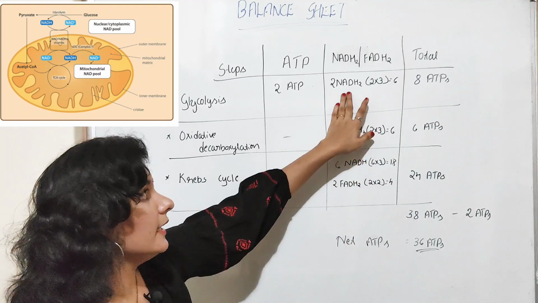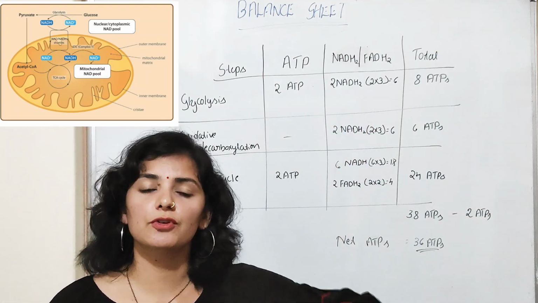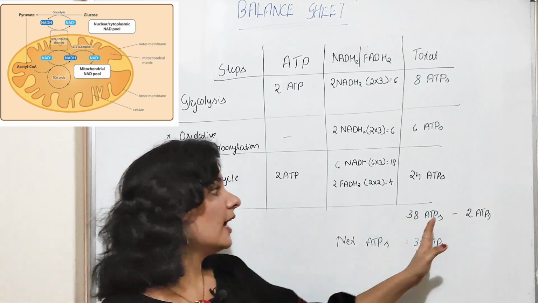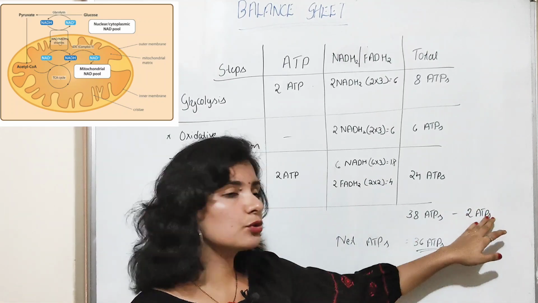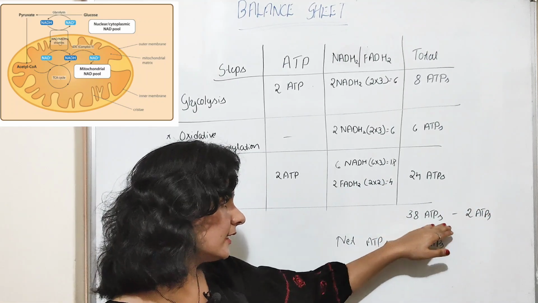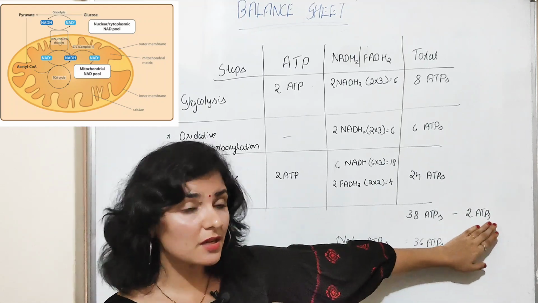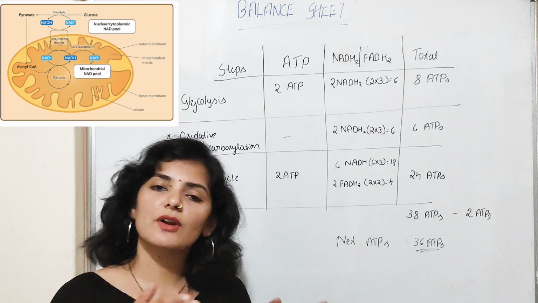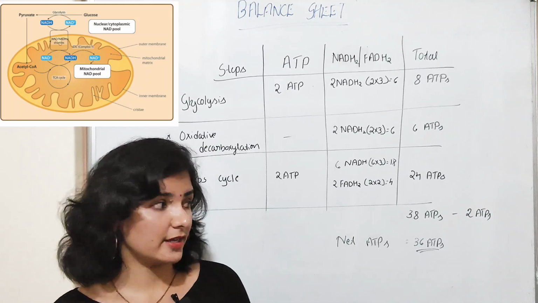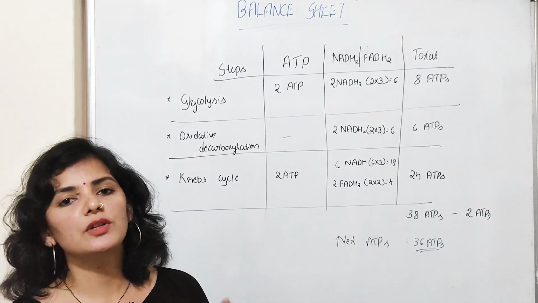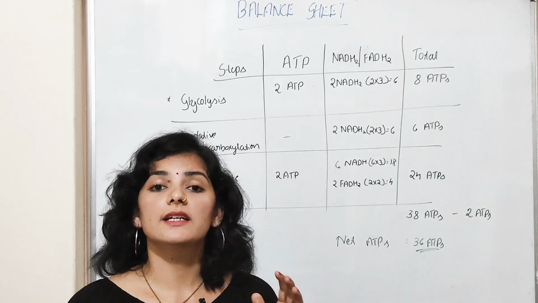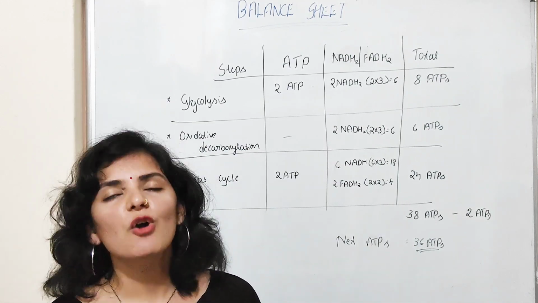That's why NADH needs to be transported from the cytoplasm to the mitochondria, which needs energy. So that energy is used by these 2 ATPs. So from 38 ATPs, 2 ATPs are used for transporting 2 NADH, and the net gain of ATP during aerobic respiration is 36 ATPs.